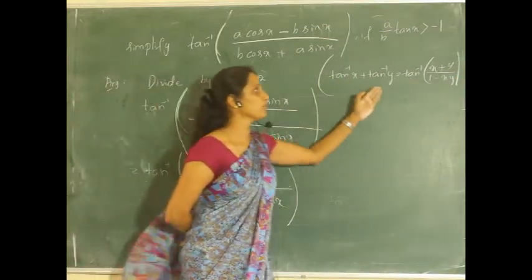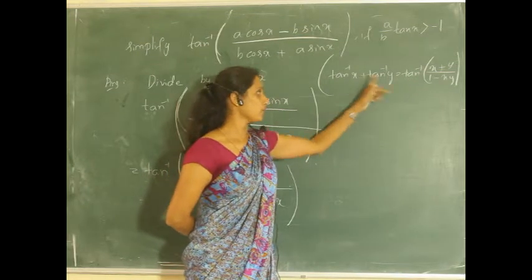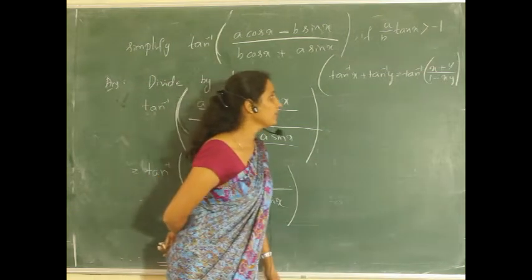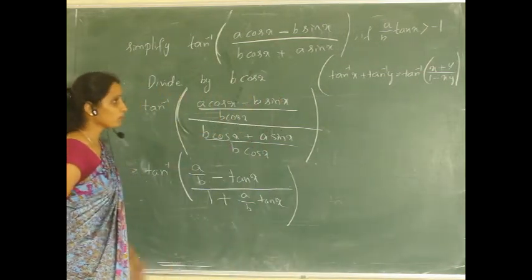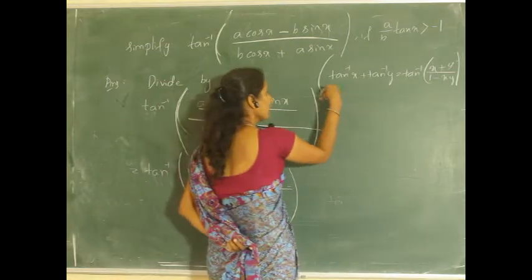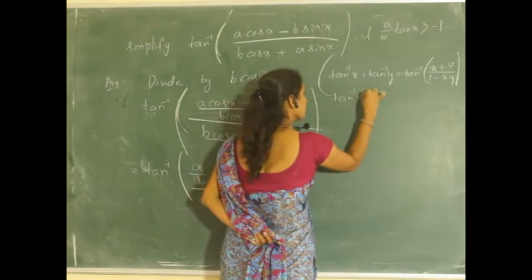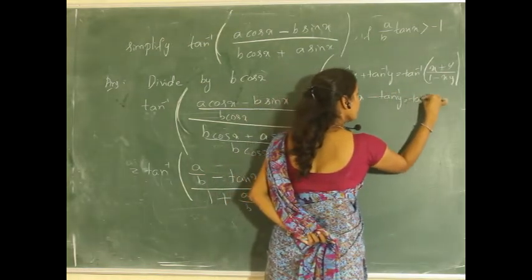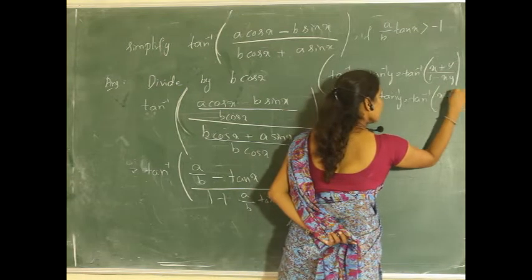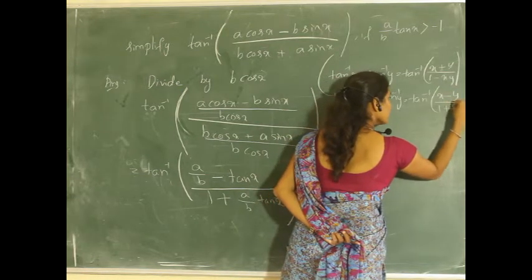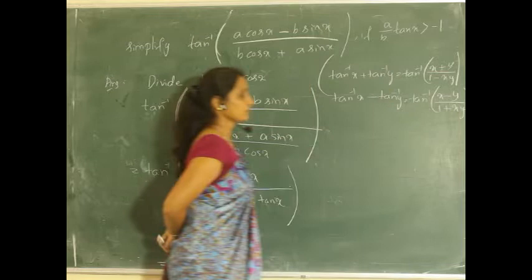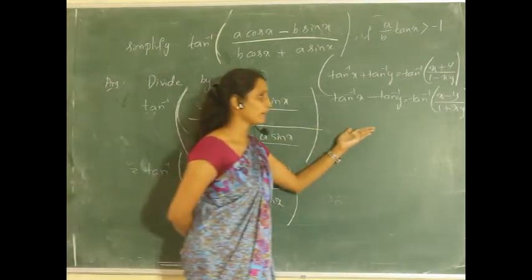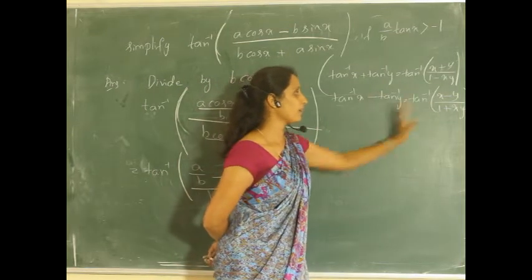Similarly, tan inverse x minus tan inverse y is equal to tan inverse of (x minus y) divided by (1 plus xy).